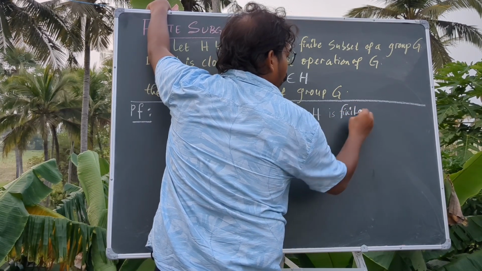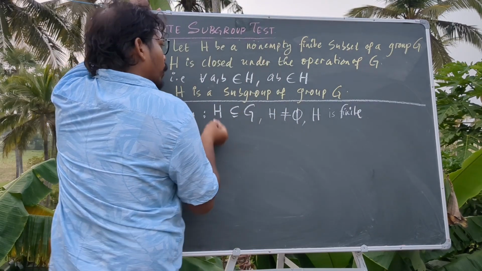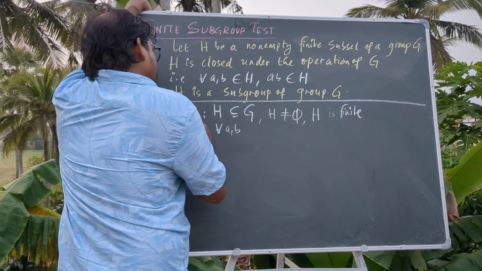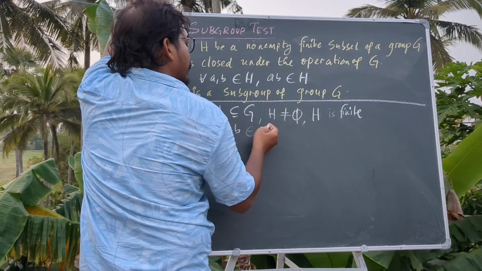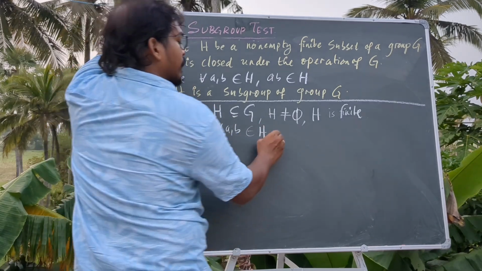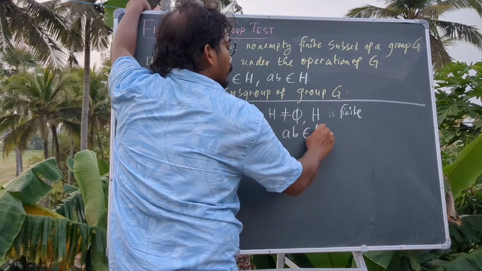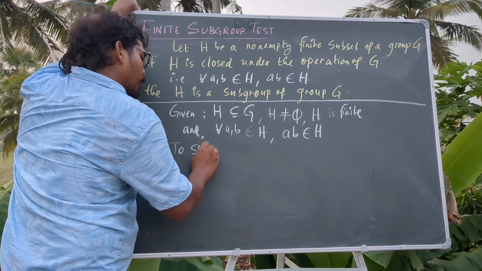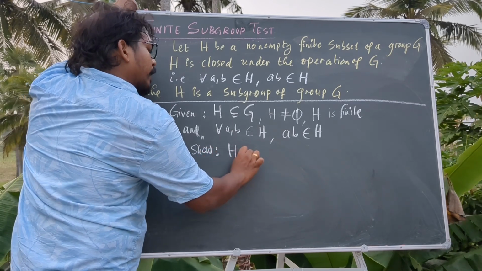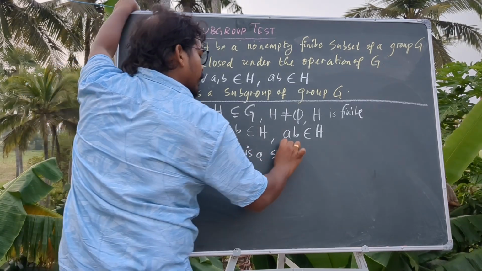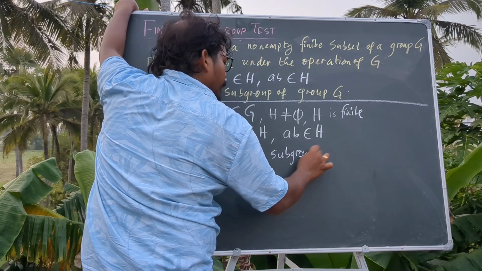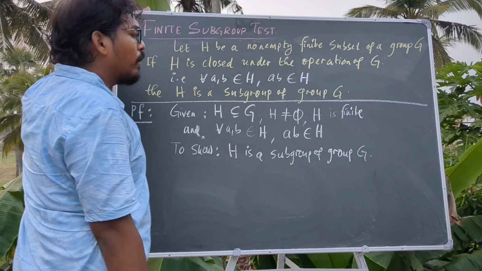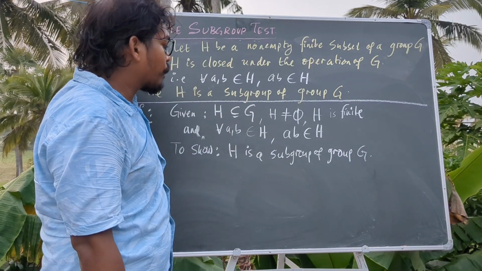Also we have that for any two elements of the set H, their product also belongs to the subset H. We have to show what? To show H is a subgroup of group G.